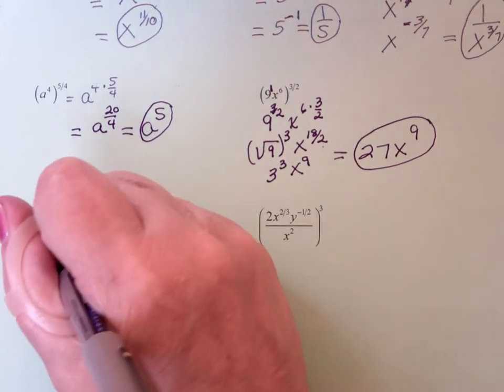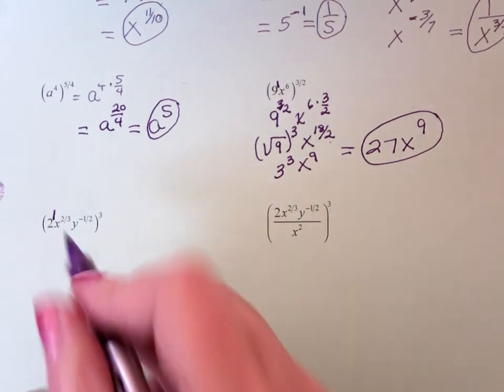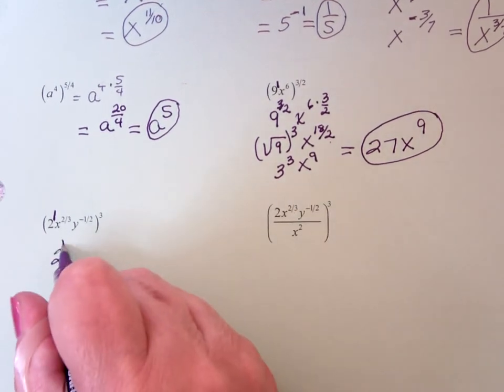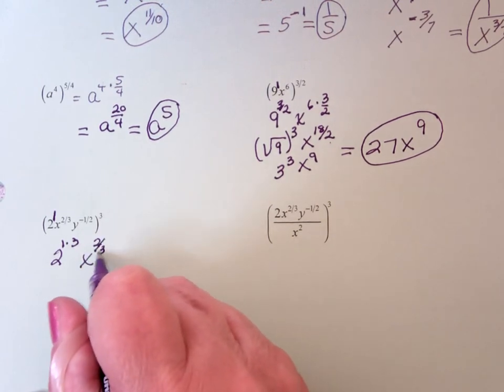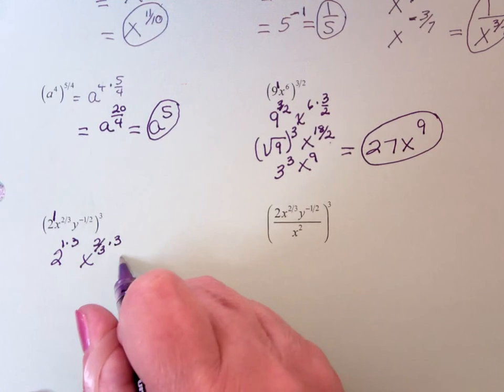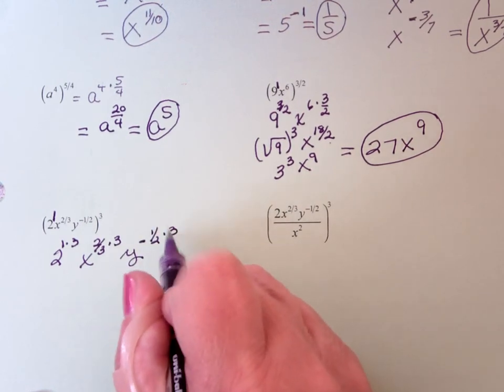Now, this is a 1. So this becomes 2 to the 1 times 3, x to the 2/3 times 3, y to the negative 1/2 times 3.